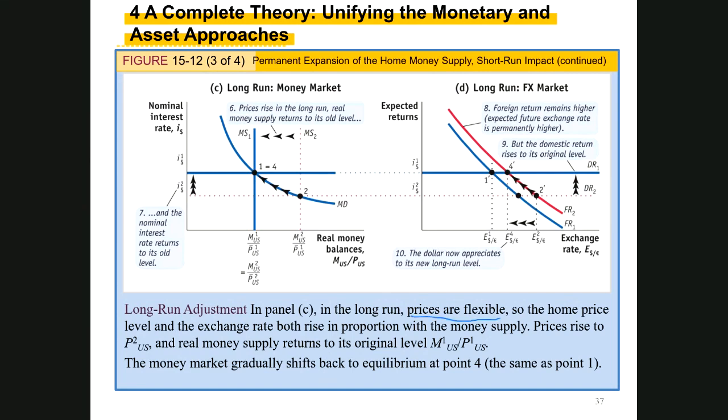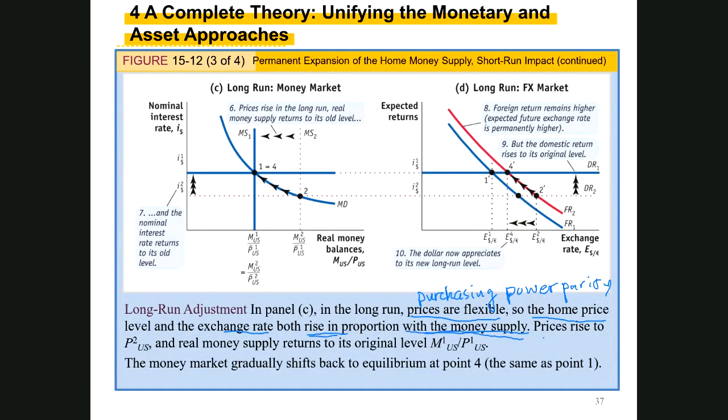So the home price and the exchange rate both rise in proportion with the money supply. Okay, and this is because of what? Which parity, in the long run? It's purchasing power parity, right? So the home price level and the exchange rate both rise in proportion with the money supply.